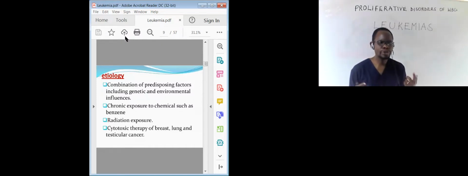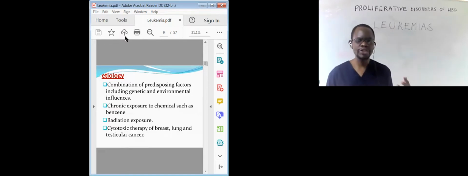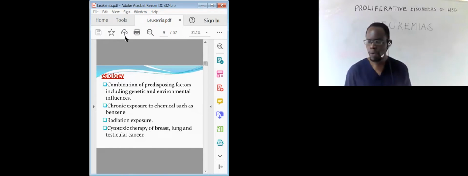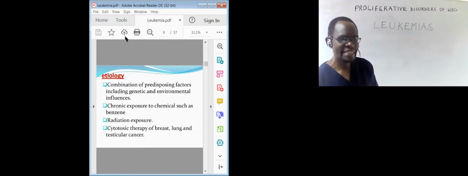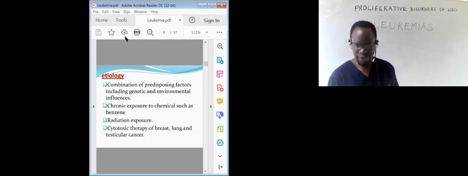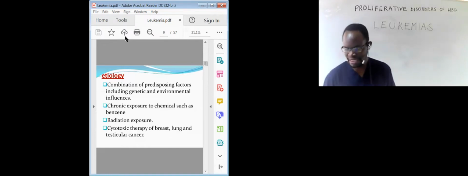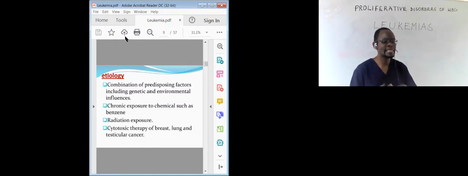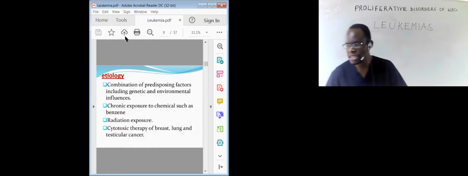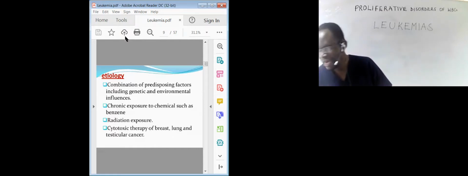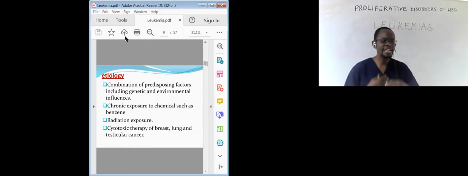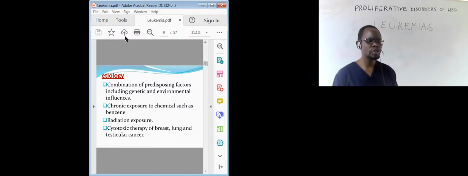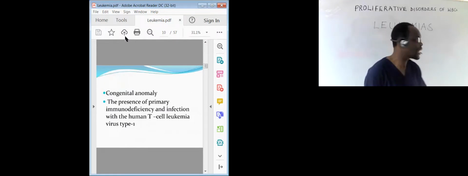What we should mention are what we call the risk factors: predisposing factors, environmental influences, exposure to chemicals, cytotoxic substances, and radioactive exposure. All these expose you to getting leukemia.